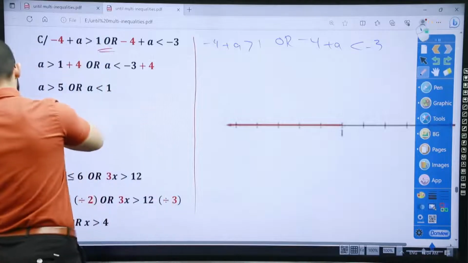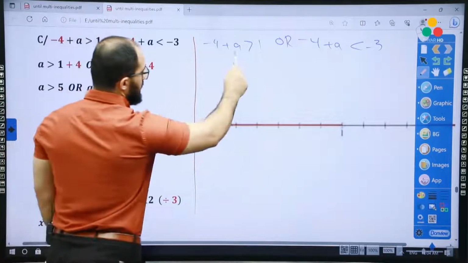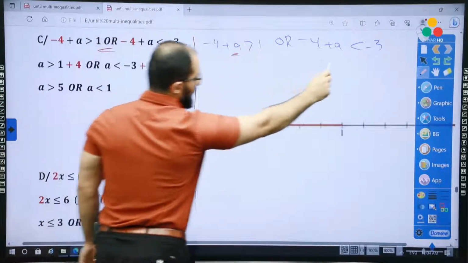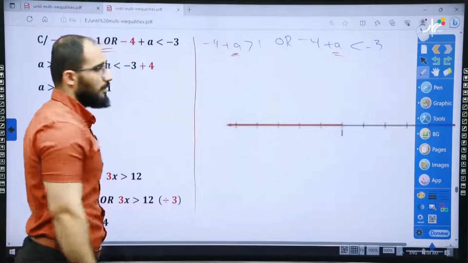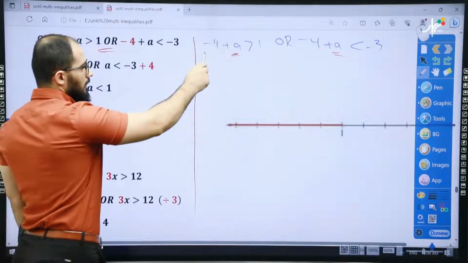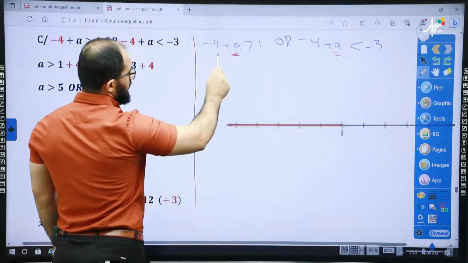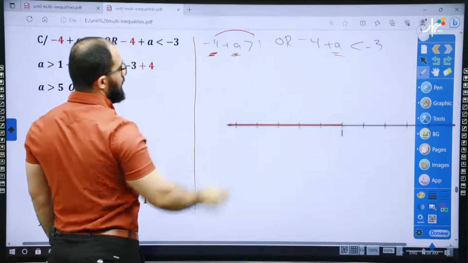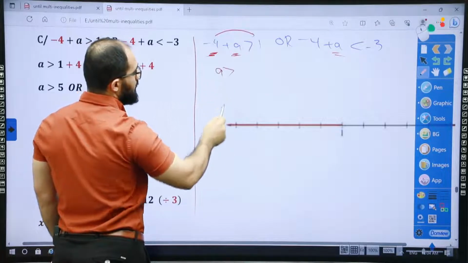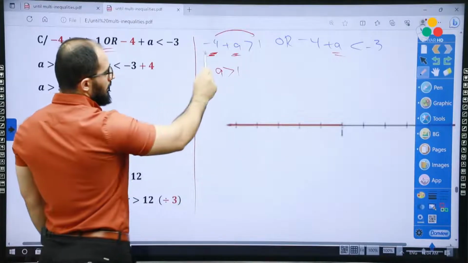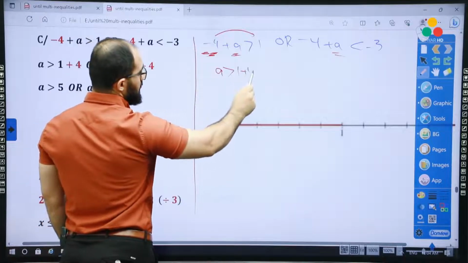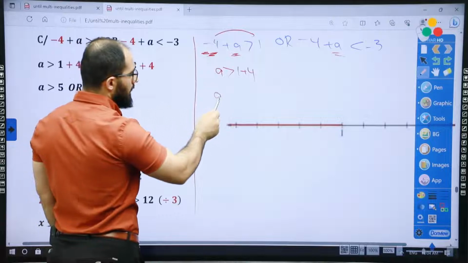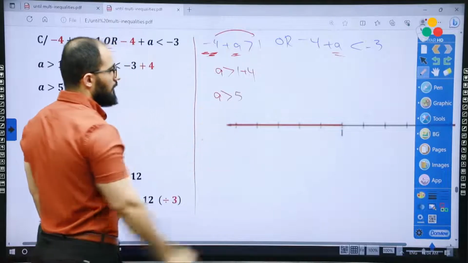So for the first part, the variable is a. This time we don't have x, we have a. With the variable a, there is negative 4; move it to the other side. A is greater than 1 plus 4, because negative 4 is going to be positive 4. So a is greater than 5.